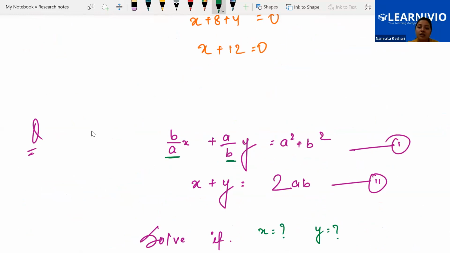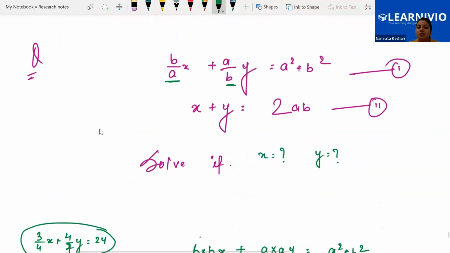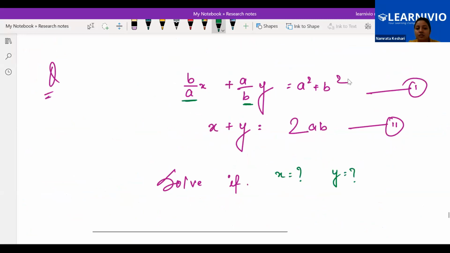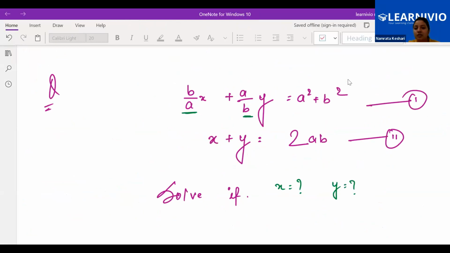And yes, Harshit, this is not the infinitely many solutions case, because you can understand from here what the condition is for infinitely many solutions. Ziana, Harshit, A1 by A2 is equal to B1 by B2 is equal to C1 by C2.